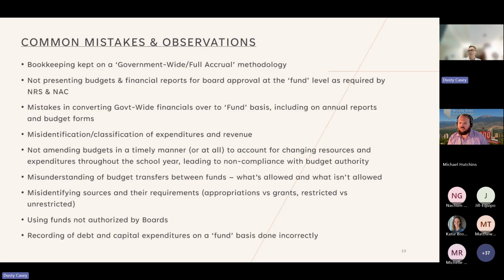I mean, there's a whole host of reasons that could happen, but you should be presenting when something big happens, an amended budget for your board to approve that reallocates and adjusts at the fund level those sources and uses or those inflows and outflows of those resources in order for your school leaders to be in compliance, and then for you to then give updated financials based on those new budgets. So given the new amended budget, here's where we're at X point in the year, for example.